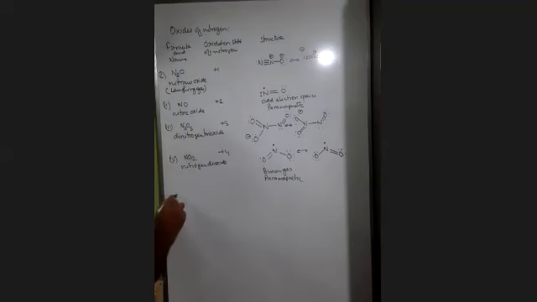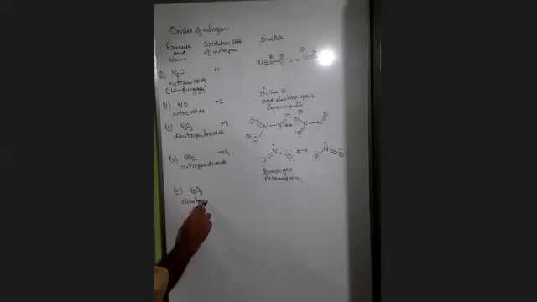Then you can get here N2O4. This is called dinitrogen tetroxide. This is also +4. This is formed by the combination of nitrogen dioxide.